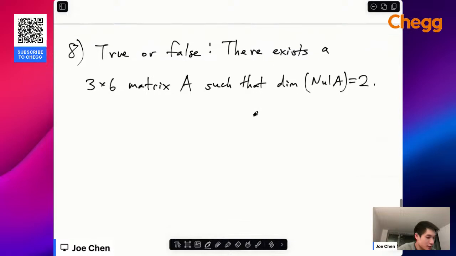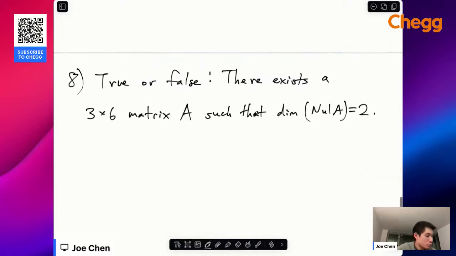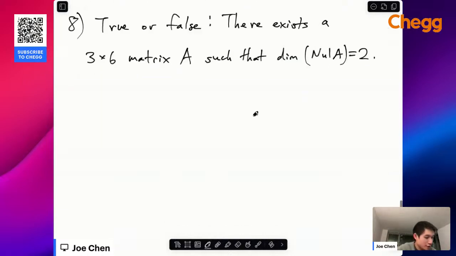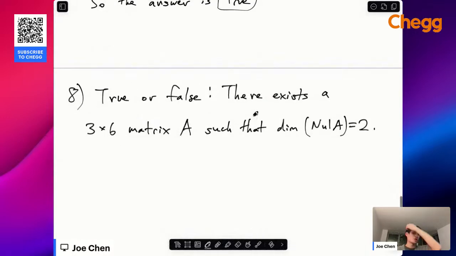All right. I got one more true false question. I'll read it. It's true or false: we have a 3x6 matrix A such that the dimension of the null space is equal to 2.